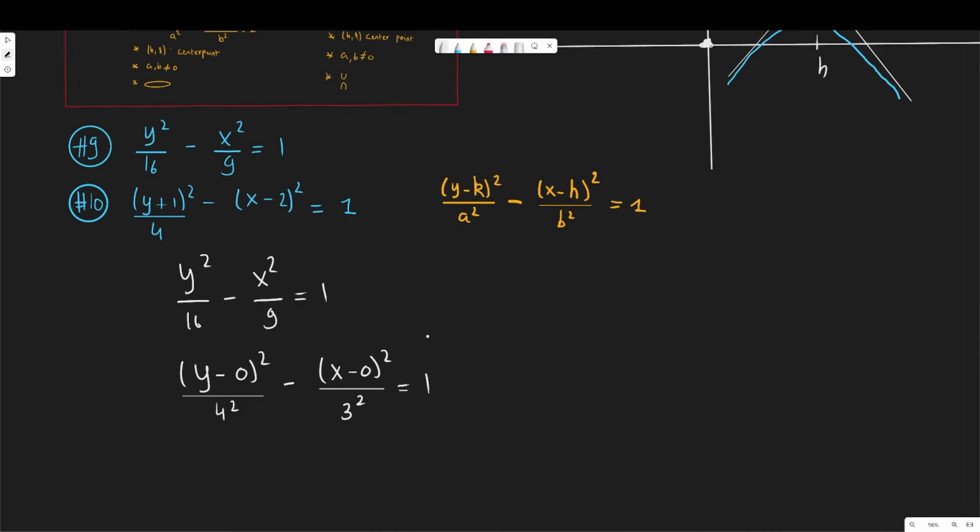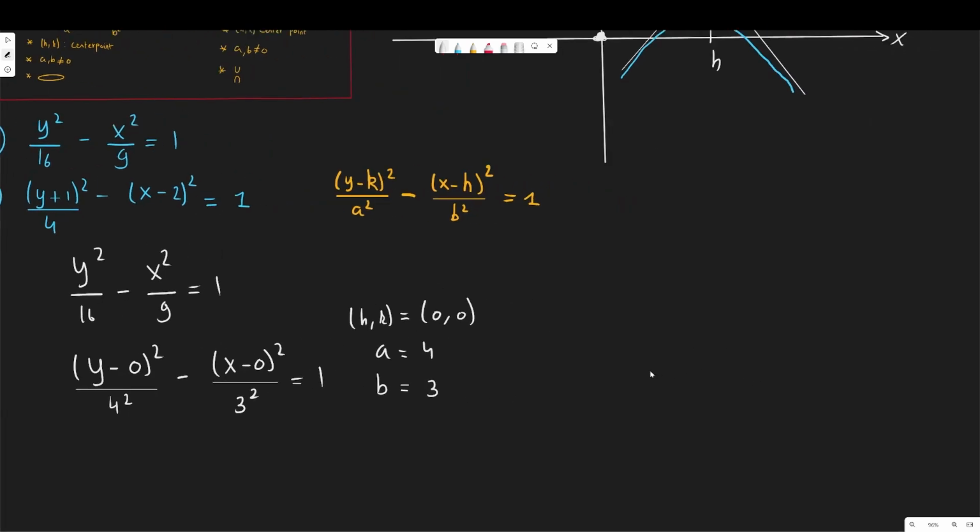So now we know that our h, k coordinate is the same as our origin 0, 0, and that our a coefficient in this case is 4 and our b coefficient in this case is 3.